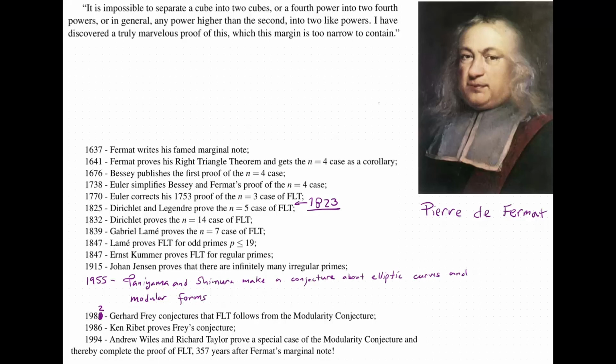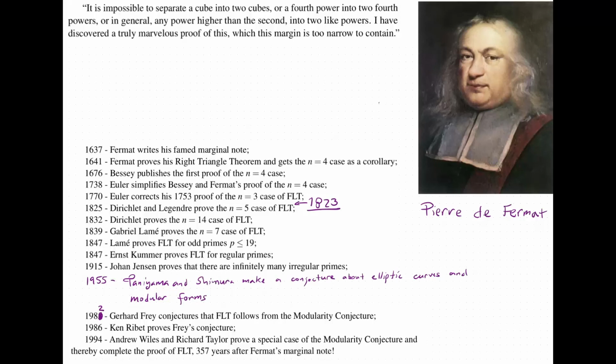The general consensus was to do it for one exponent at a time. Fermat did 4, Euler did 3, so next you do 5, and then you just continue doing one exponent at a time. That was the general consensus in the 1800s.